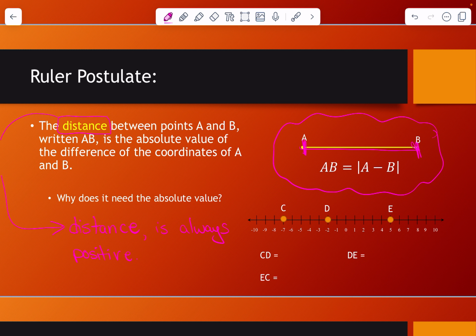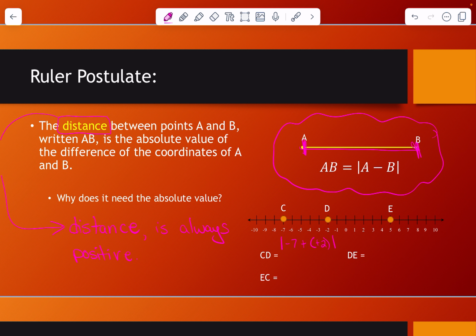So when I come over here and I say, okay, let's subtract, let's find the distance between C and D. So if you look, I'm going to start off and I'm going to say, well, that would be -7 minus -2. So when I look at that, that's plus a positive, right?